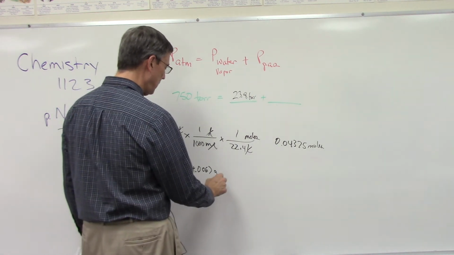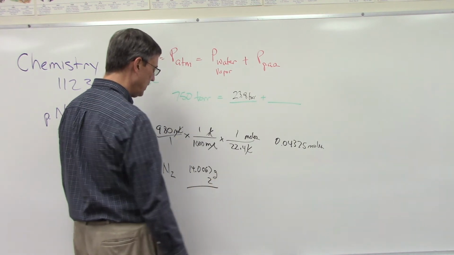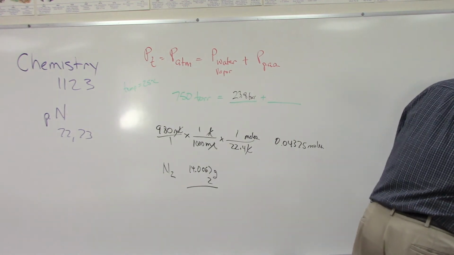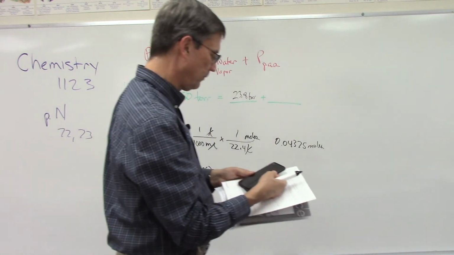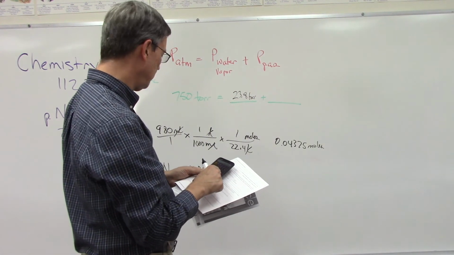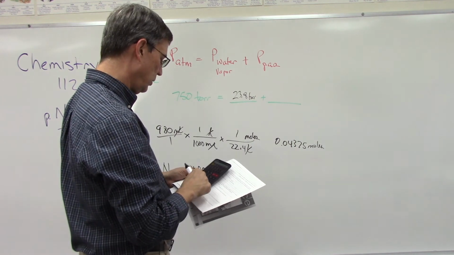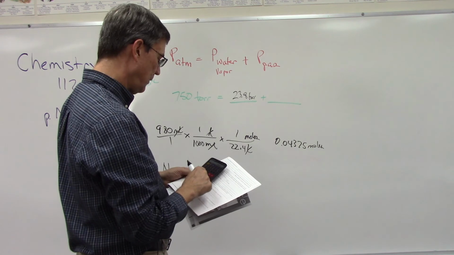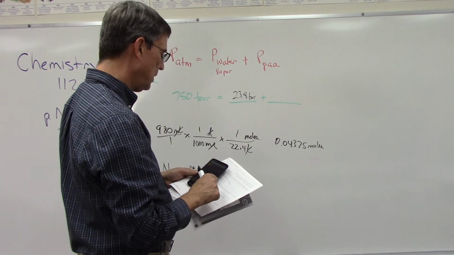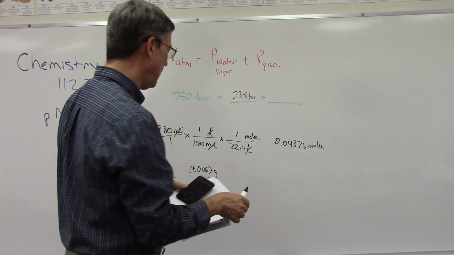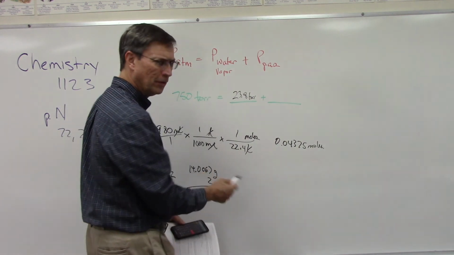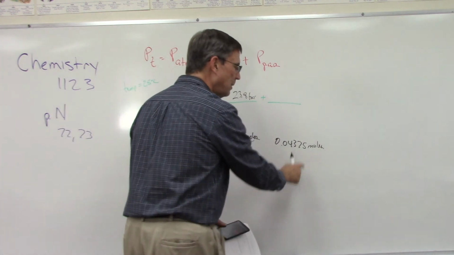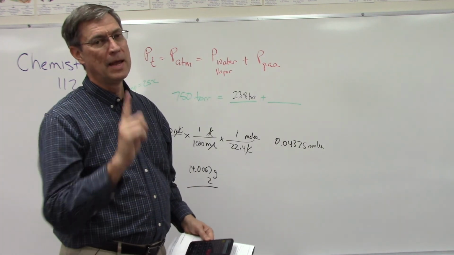So we have to multiply that times 2. And I'm going to use my calculator because I want to carry it out to all those decimal places, and my Saturday morning brain doesn't feel like doing all this in my head. 14.0067 times 2, 28 something, and then, yeah, I guess I could have figured that out in my head. But anyways, we'll take that times the number of moles, okay? And then that will be the grams.